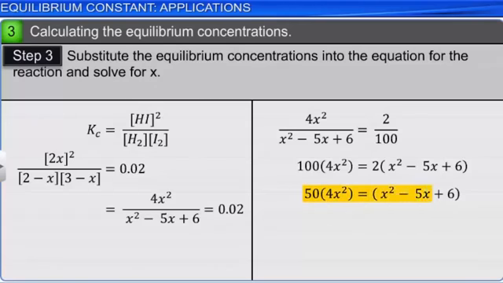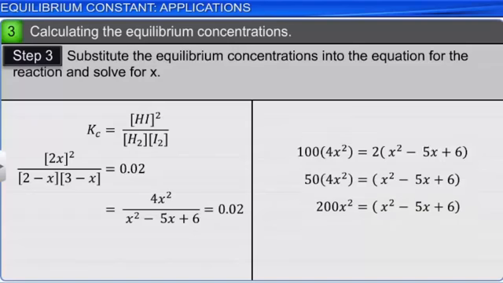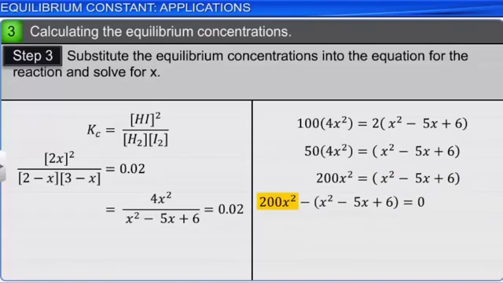This becomes 200x² is equal to x² minus 5x plus 6. This equation can be written as 200x² minus (x² minus 5x plus 6) is equal to 0.